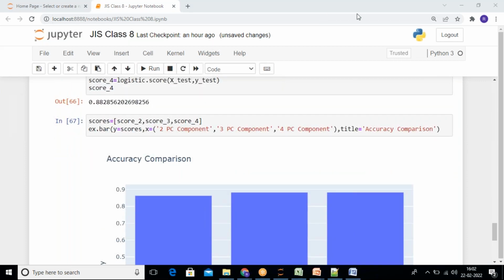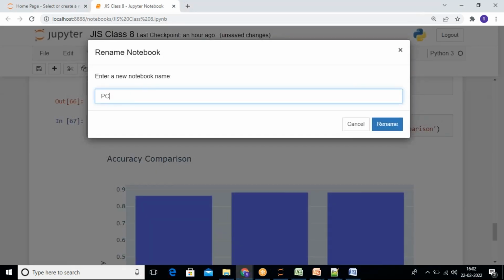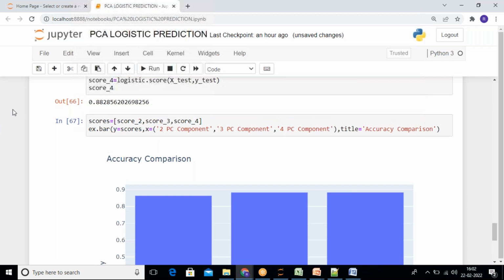Here our dimensionality reduction is complete. PCA, logistic prediction. PCA, logistic, principal component analysis, logistic and prediction. This is how we reduce the dimensionality of the data set.